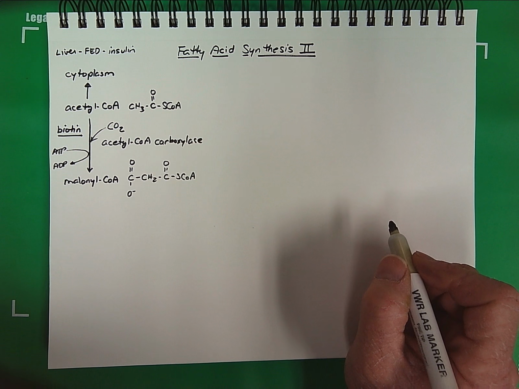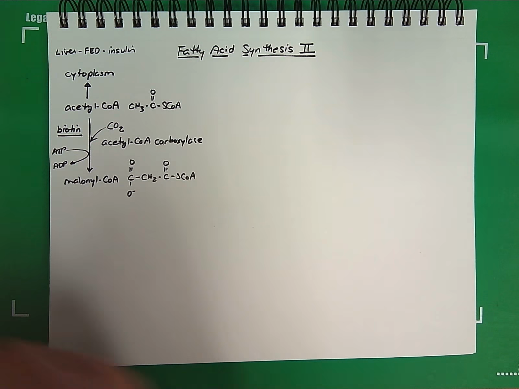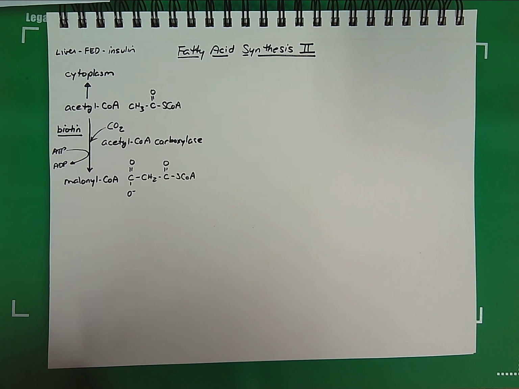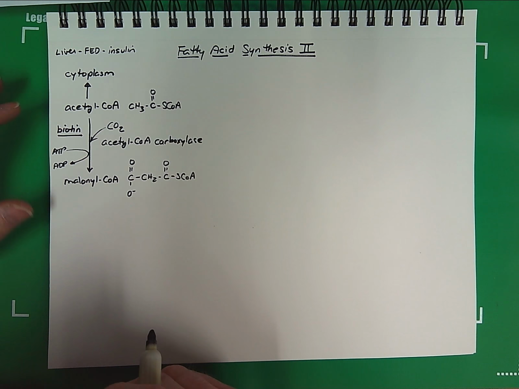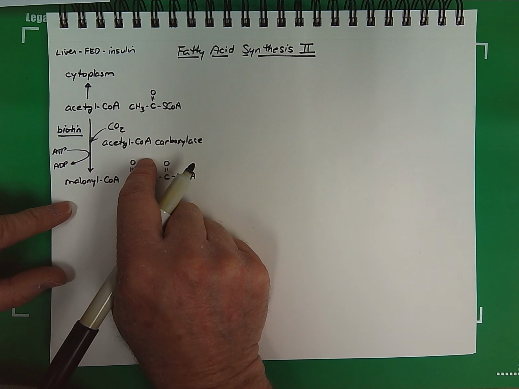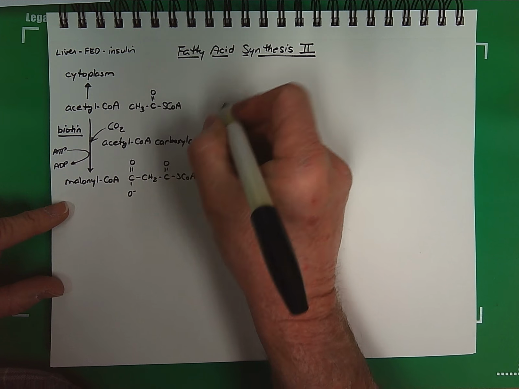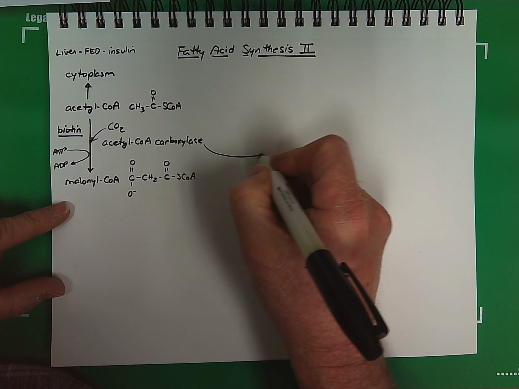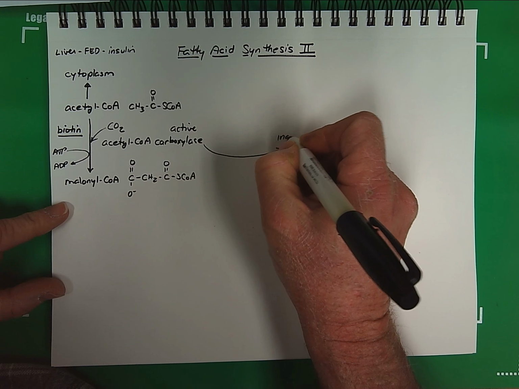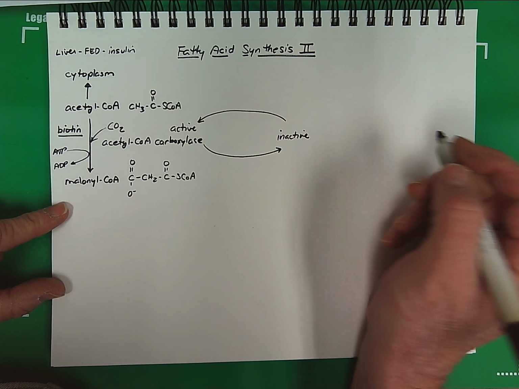Now, important regulatory step of this particular enzyme is insulin. So insulin does not have a very large effect on the liver, but at this particular point, insulin does have a large effect. This particular enzyme will be subjected to becoming either active or inactive based on insulin signaling.